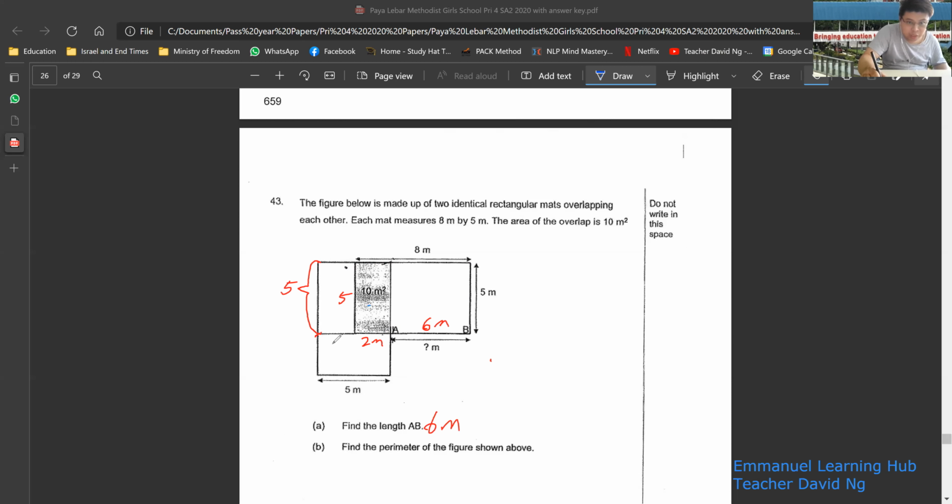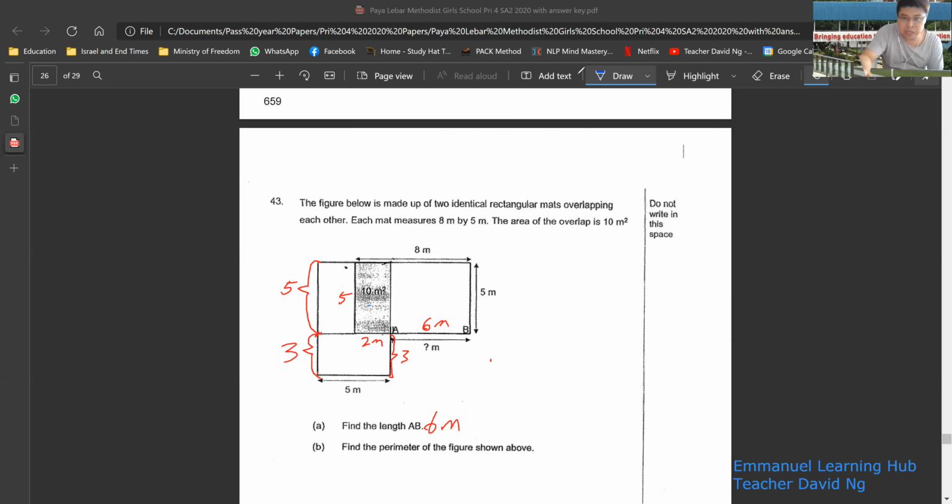How about from here to here, all together? 3. How do you get 3? Because all together is 8. So if here is 3, here will be 3 also, right? They're asking for perimeter, right?